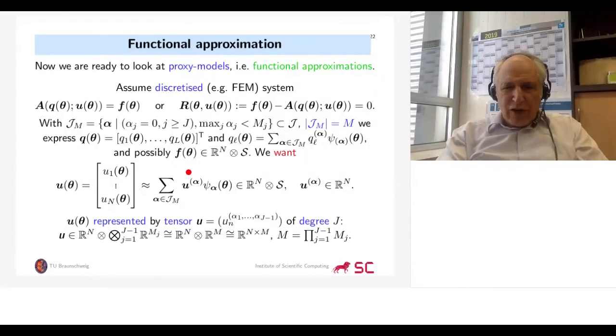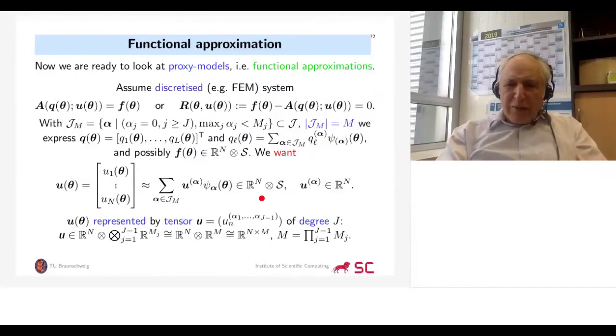So this U alpha is a vector of length n. And if I look at what this is here, how many indices does it have? It has J minus 1 indices from this here, and one index for which position it is. So it's a tensor of degree J. Something which can be represented like this. So U is represented either as this or by this tensor. So these are different representations of this random variable.